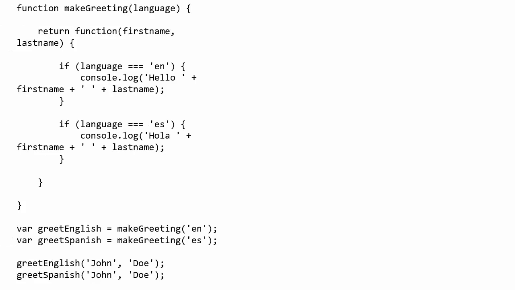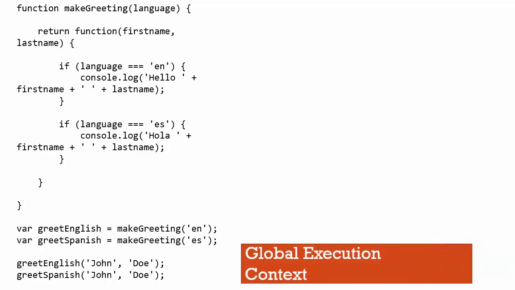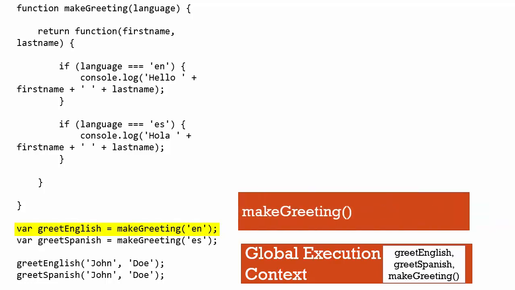All right, if you're confused a little, that's okay, but let's walk it through either way. Here's all my code for this function factory. So when it starts, I have my global execution context, which has the greet English, greet Spanish variables, and the make greeting function. When I hit this line, it calls or executes make greeting.